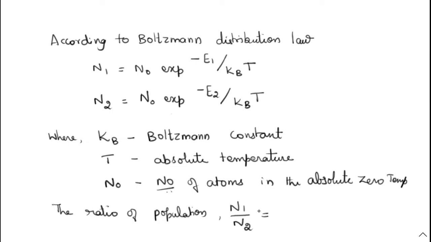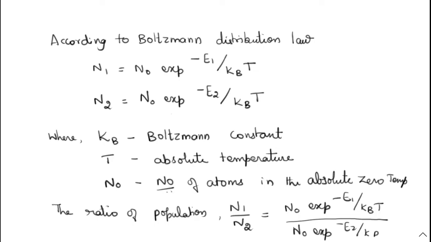What is the value of N1? N0 exponential of minus E1 divided by KBT, right? Whole divided by N0 exponential of minus E2 divided by KBT, right? So here the common N0 will be cancelled.